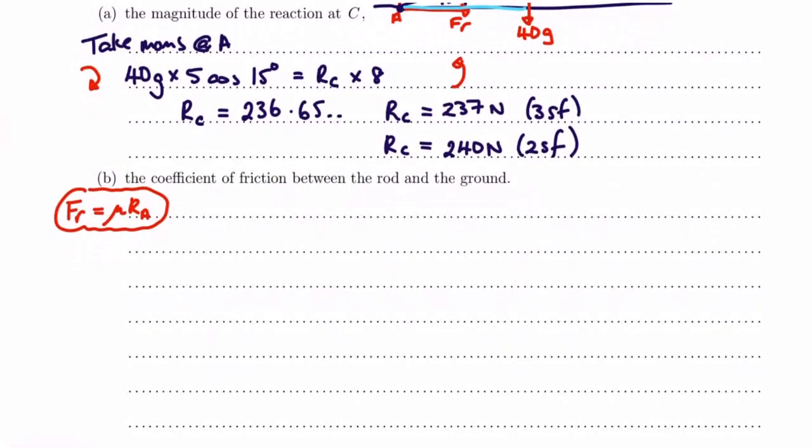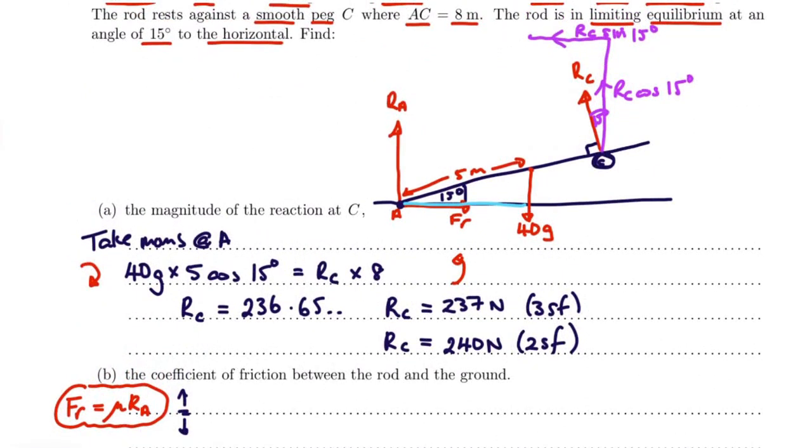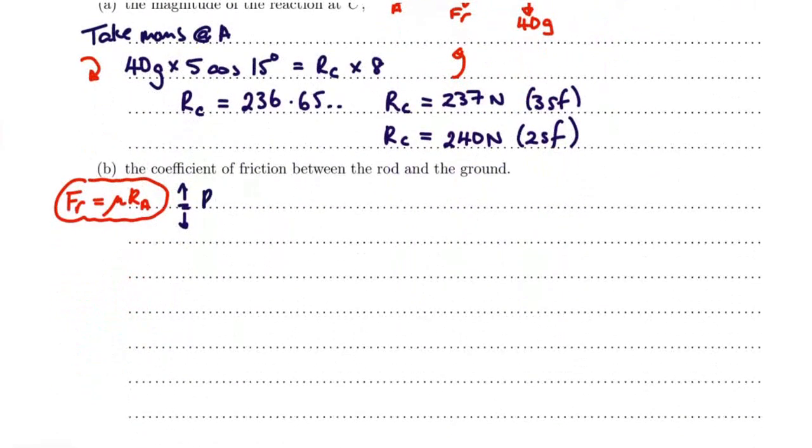So the first thing we're going to do is say up equals down. You can see from my diagram that you've got 2 forces going straight up and you've got 1 going down. So I'm just going to write those down. RA plus RC cos 15 equals 40G. Now we want RA, so therefore RA equals 40G minus RC cos 15.